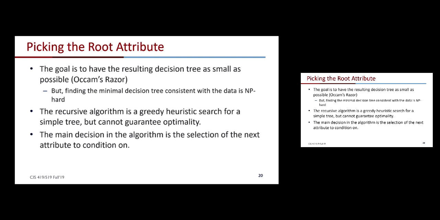Think about it this way. You have a huge number of decision trees. Many of them are consistent with the data. And you want to find one of them. So we're going to search this huge space, not by touching each one of them and asking, are you consistent with the data, but rather with using some heuristic that says, let's first find a good root node, eliminate all the trees from a huge search space that do not have this root node, and let's continue.